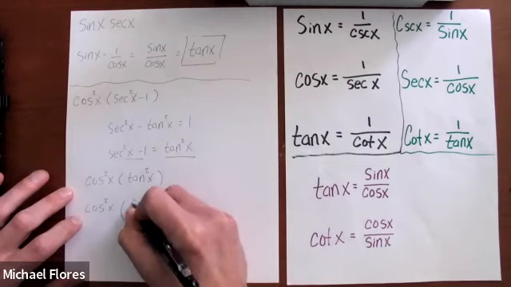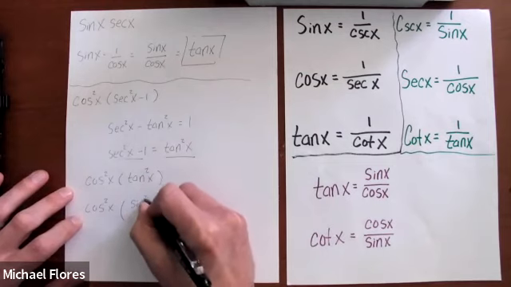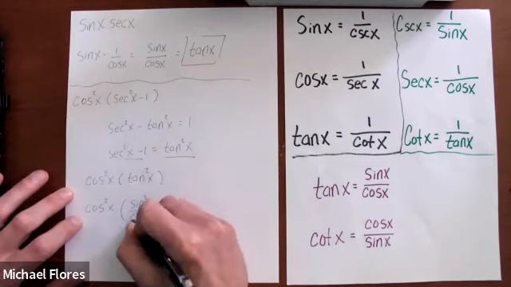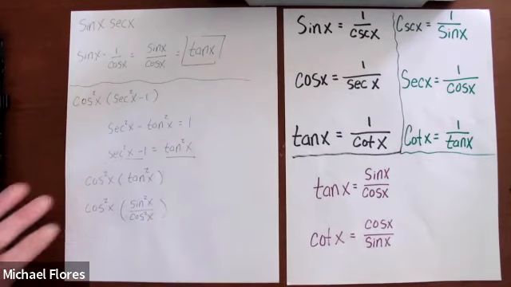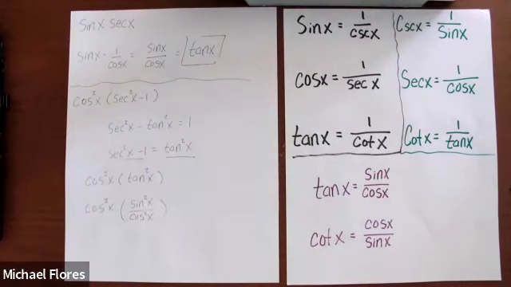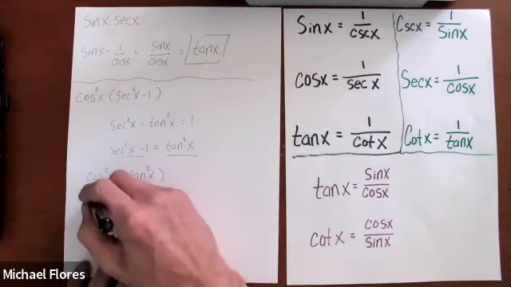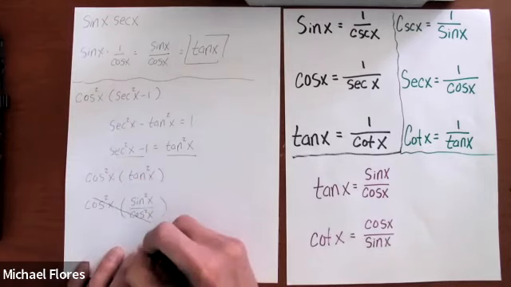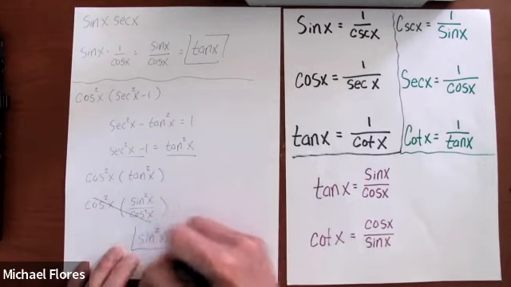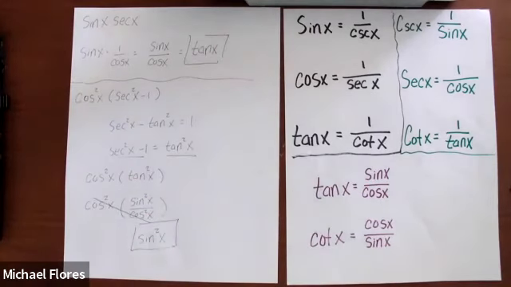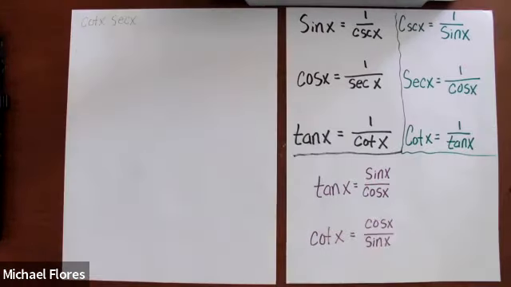So we would do sine squared of x over cosine squared of x. And then as you can probably notice, we're going to be able to cross cancel again, leaving us with sine squared of x, final answer.